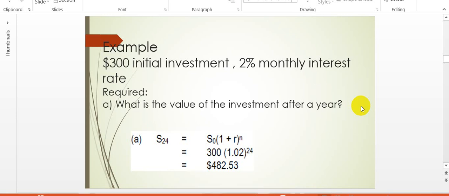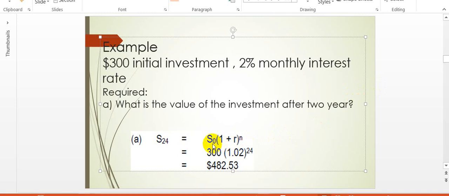We are required to calculate the value of the investment after a year. Actually, it's 2 years, not 1 year.